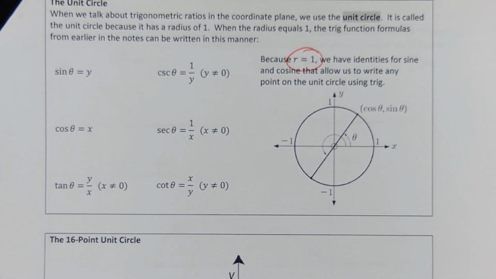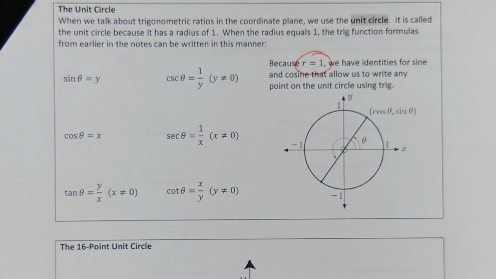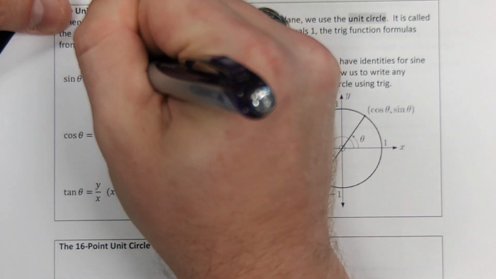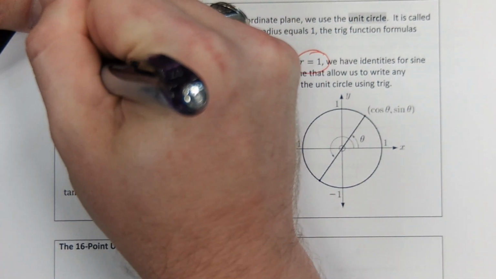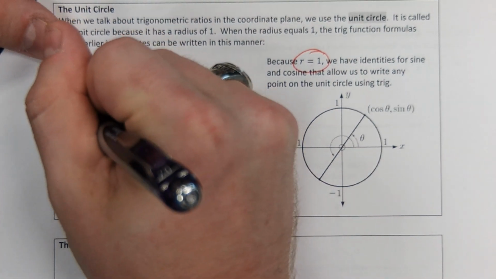Anyway, the unit circle does some neat stuff. Remember, sine of theta is supposed to be y over r, correct? But if r is 1, because you're in the unit circle, sine of theta is just equal to y. Cosine of theta is supposed to be x over r.